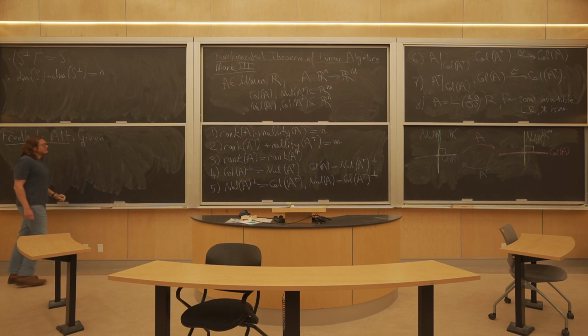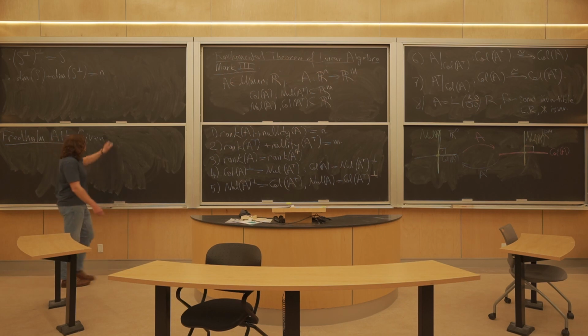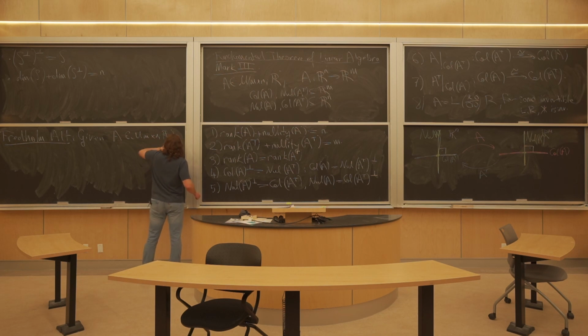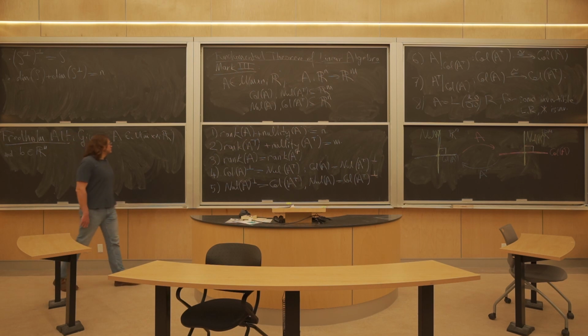Given a matrix and a vector, so let's say that I have an m by n matrix and a vector b that is m-dimensional, and I'm interested in solving Ax equals b. This is what we started with. The Fredholm alternative says the following.